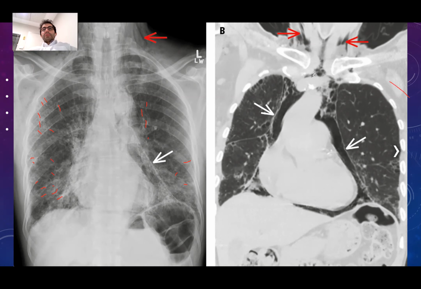But because these are the same patient, if you look at the CT scan, these are actually not pulmonary edema, not edema structures, but mostly fibrotic changes. I'm sorry, mostly fibrotic reticular lines. Let's say it like that.